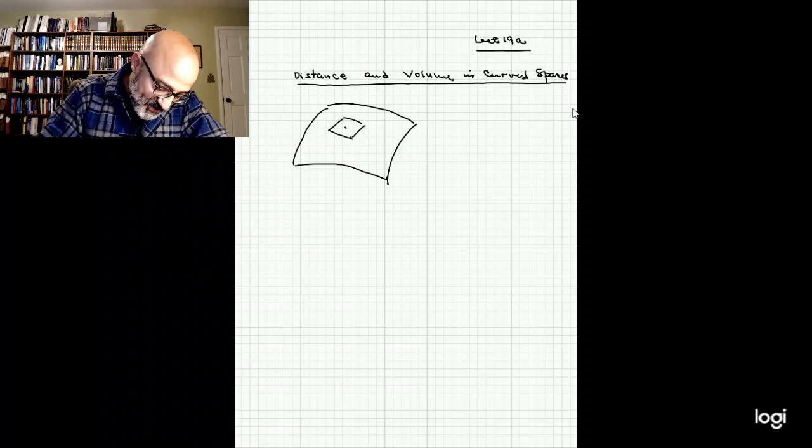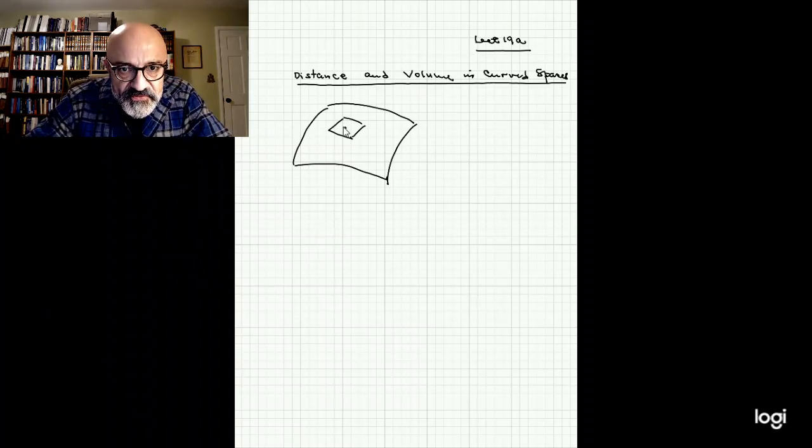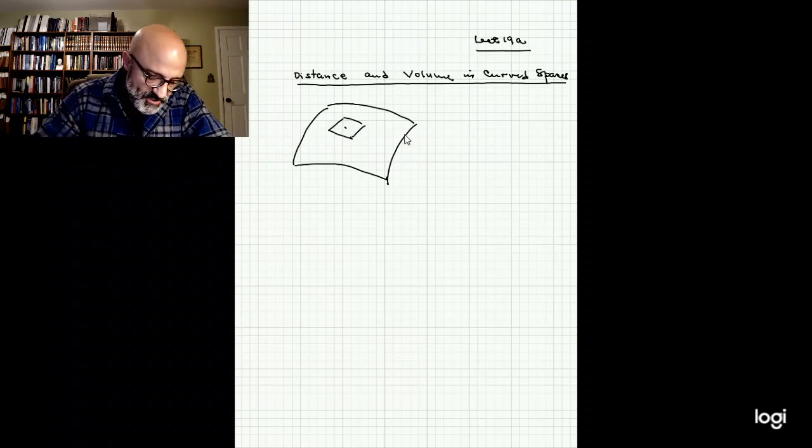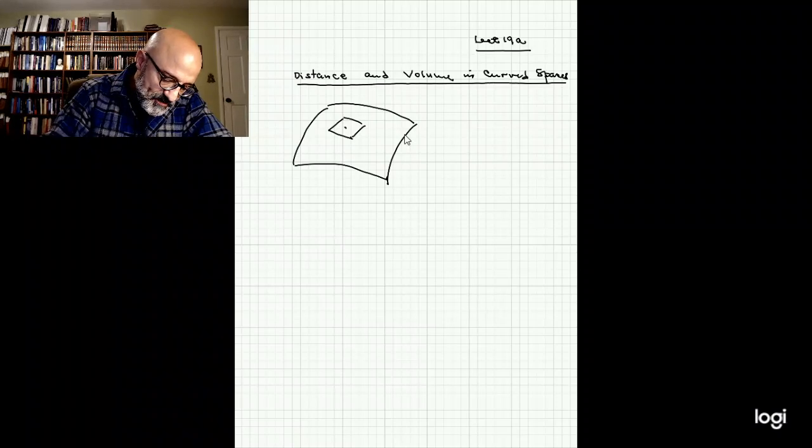The whole idea is going to be to look at a sufficiently small region. If the region is sufficiently small, then we start with some arbitrary, generic coordinates.